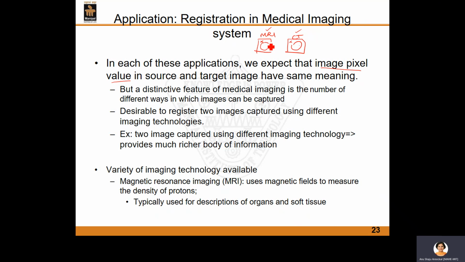Because they are from different modalities, the exact pixel values would not be the same. So when you try to register different imaging modalities using pixel values, it becomes difficult, right? We will get different pixel intensities for the same region in both the MRI and the CT scan, and therefore a pixel to pixel value comparison cannot be used for registration of medical images.